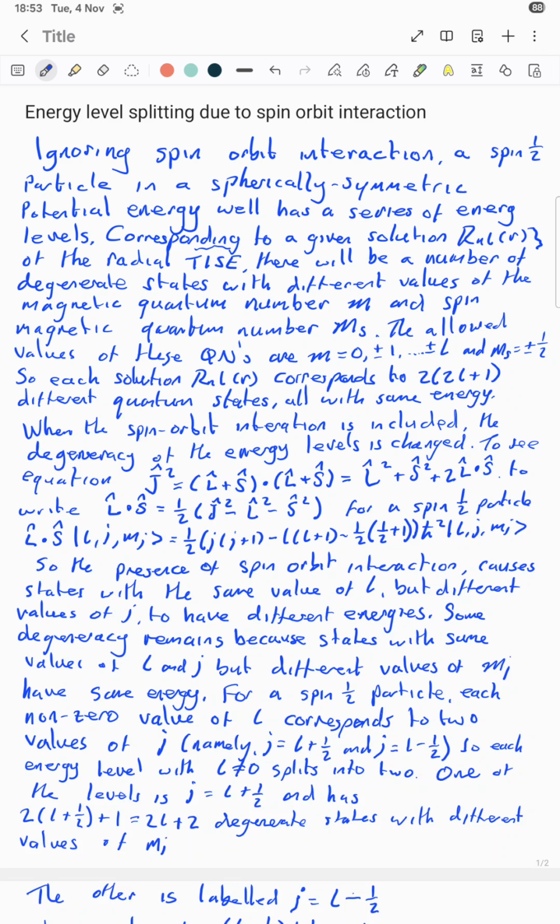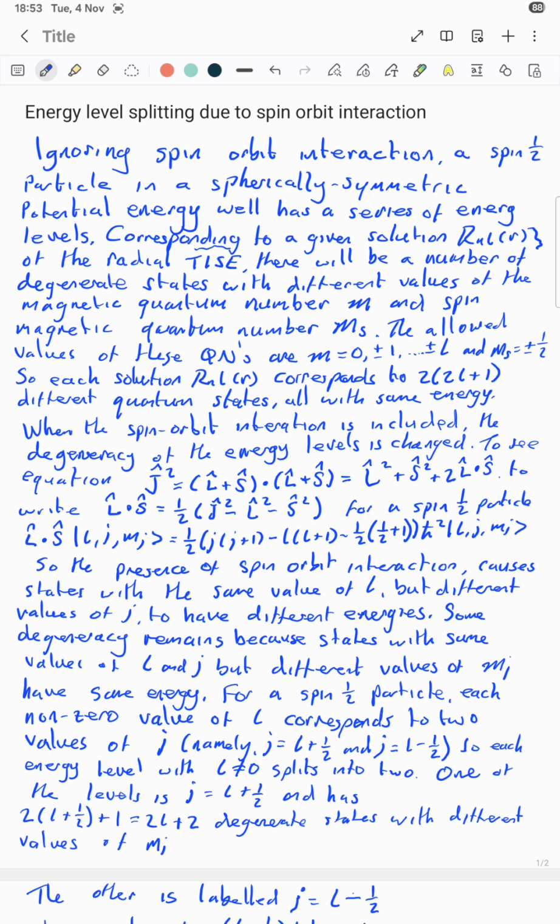But anyway, there will be a number of degenerate states with different values of the magnetic quantum number m and spin magnetic quantum number ms. The allowed values of these quantum numbers are m equals 0, plus or minus 1, ..., plus or minus l, and ms equals plus or minus 1/2.